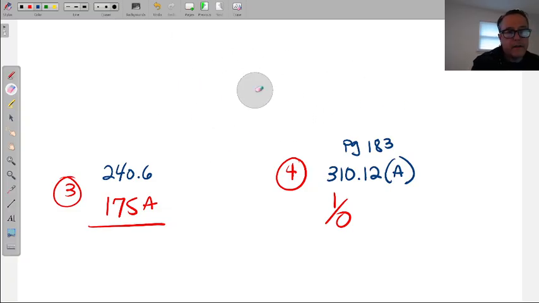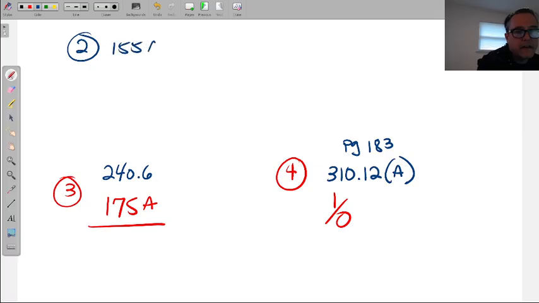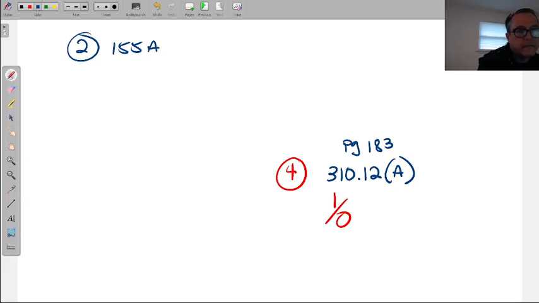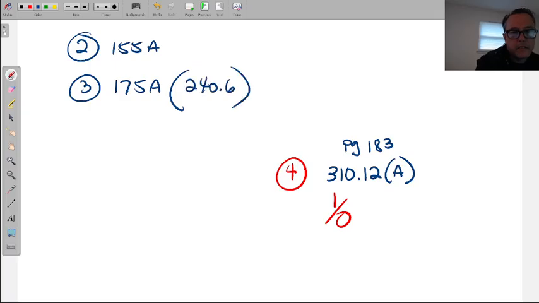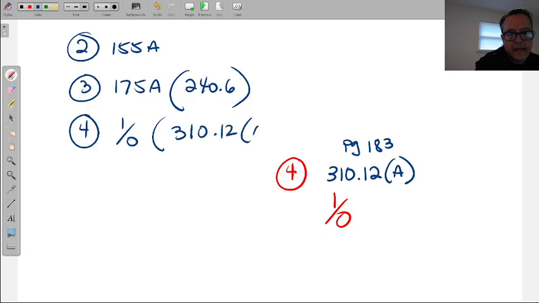I'm going to simplify what I have written here. 155 amps. Question 3 is 175 amps. In parentheses, I'll put Article 240.6. Question 4, bringing it over here, is the 1/0, and this came from 310.12a.